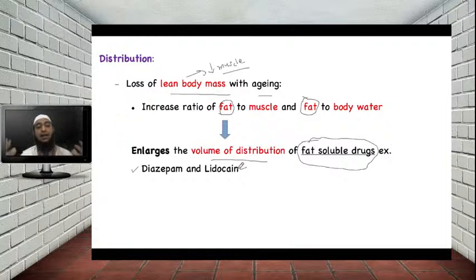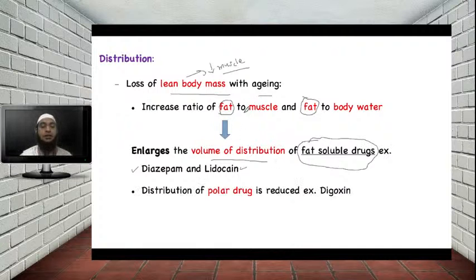If it is accumulated there, it won't reach the central nervous system and it won't produce the expected pharmacological action on the central nervous system. Why does this happen? Because of the increase in fat content in the body, and due to that there is an enlarged volume of distribution of different fat soluble drugs. I have just quoted two examples, diazepam and lidocaine.